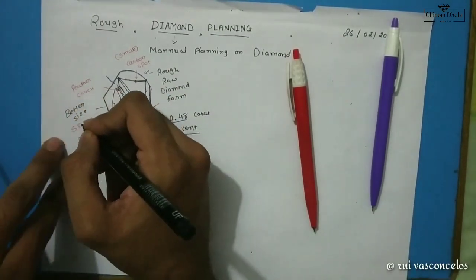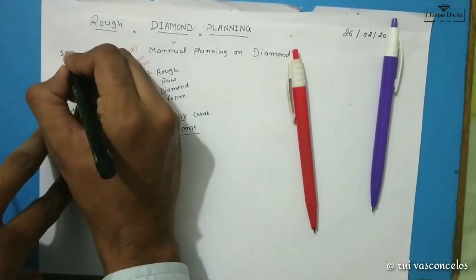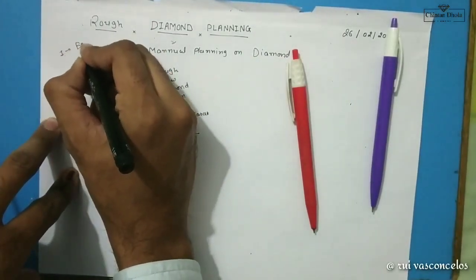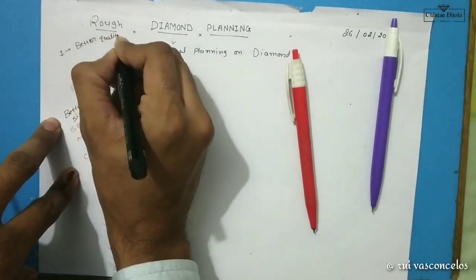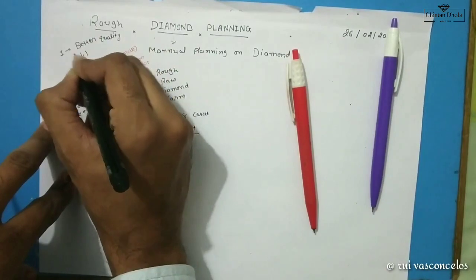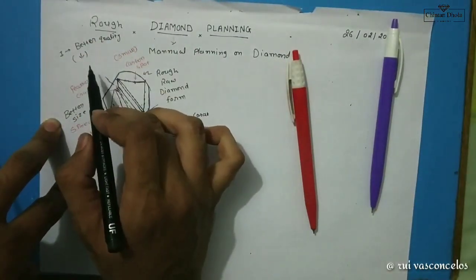There are two fundamental things. First, if you need a better quality diamond, you always have to remove material, so your size is always less.